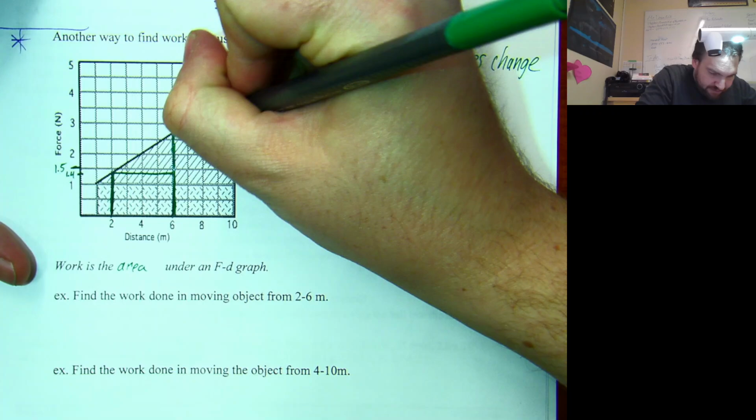So if we're going to use P equals FV, the force is equal to gravity times the velocity. Velocity is going to be given to us by d divided by t. So the power is just going to be mg times d over t.